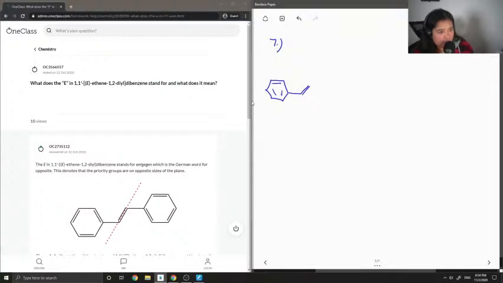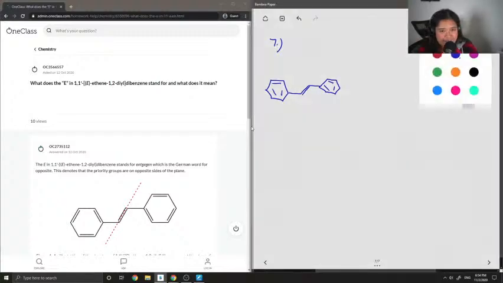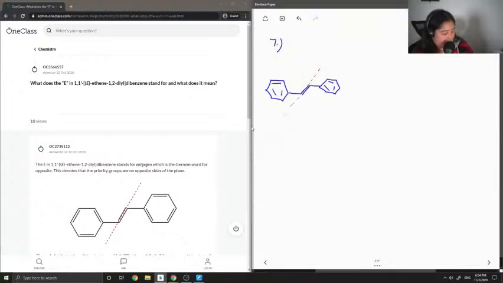So the E just is a way for us to determine what side of the double bond the substituents will be on. I can already kind of see the junior tutor's answers, so I'm going to write down this same thing, showing how it separates like that.